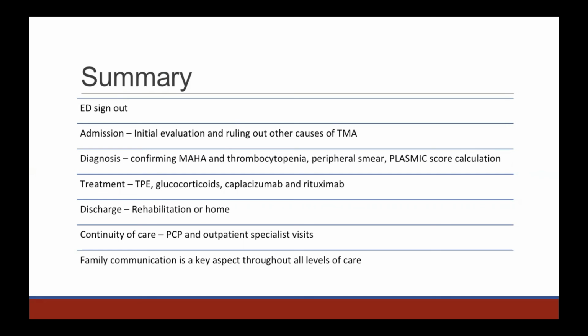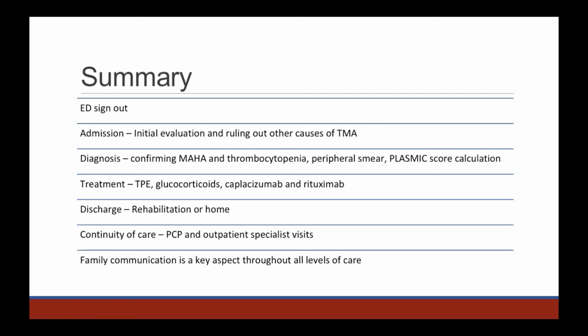From the ED, the admission process itself with high clinical suspicion for TMA, and ensuring that the patient receives timely treatment and diagnoses with the lab results, and contacting consults as well.